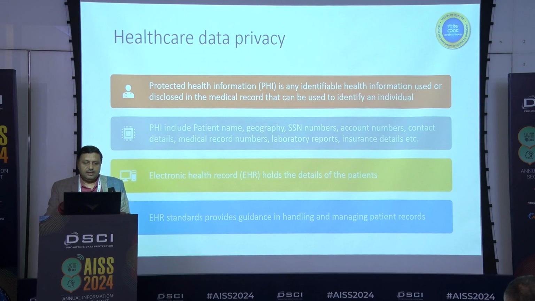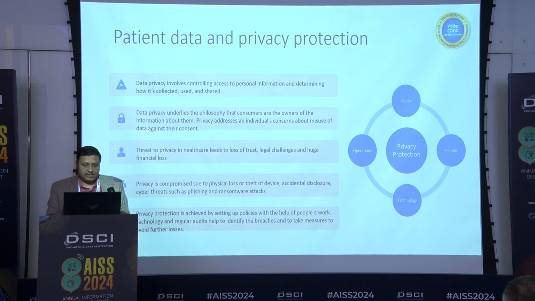And then comes the EHR, which is actually PHI plus a lot more information related to a patient and the care provided, and you have that much bigger challenge. But the standards that are available provide some kind of guidelines, some kind of ability for us to manage those health records.